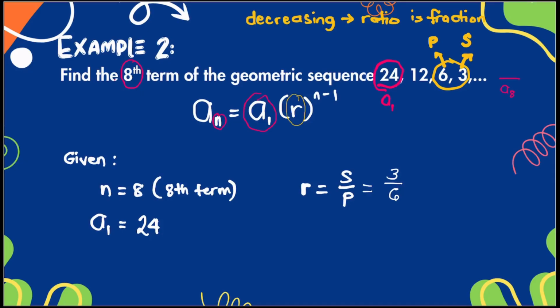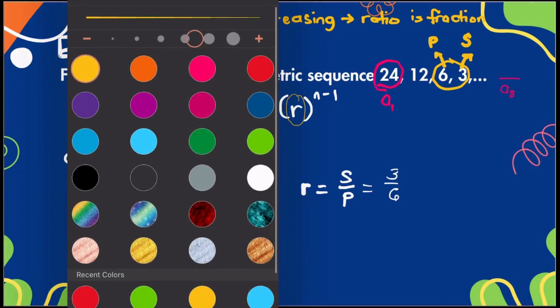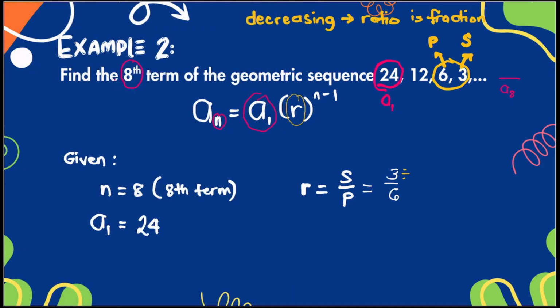I mean, pwedeng mag-divide sa kanila aside kay 1. So, of course, that is 3. Tama? So, pwede yung i-divide ng 3. Both side. So, pwede natin yung i-divide ng 3 both the numerator and the denominator.